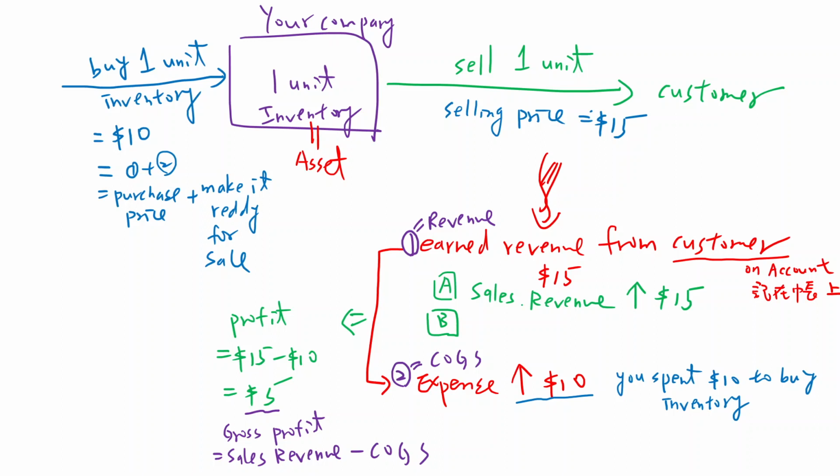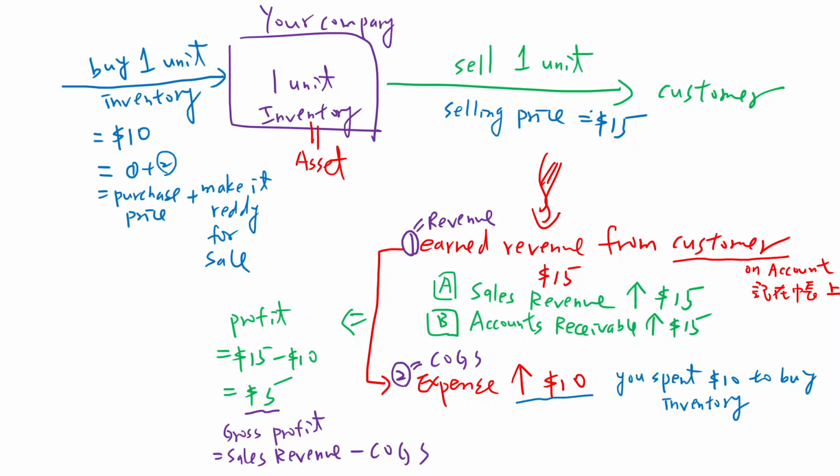So my accounts receivable increased $15. Okay? So that's for the first thing. I record revenues. I'm done already. Any questions?